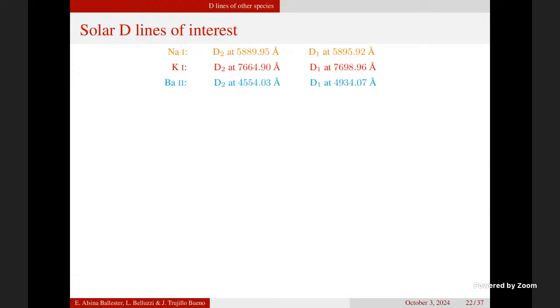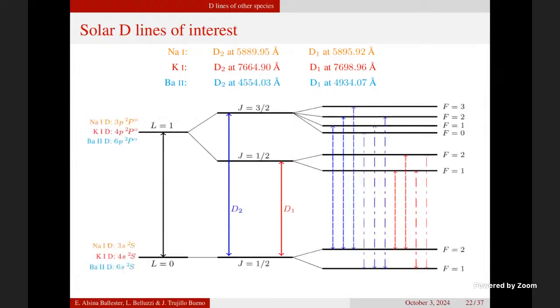Why I call them D lines is because they're produced by a similar atomic model. That is a two-term transition whose upper levels are split into two fine structure levels, and at least some of the isotopes of these species present hyperfine structure.